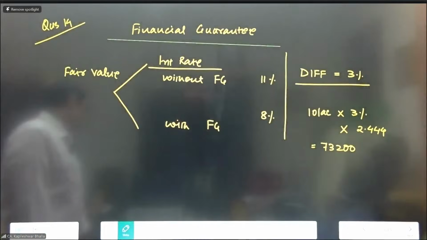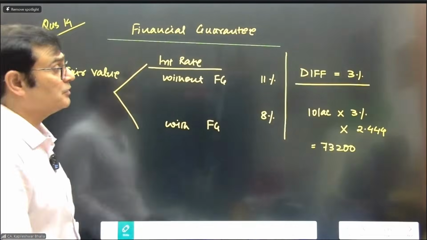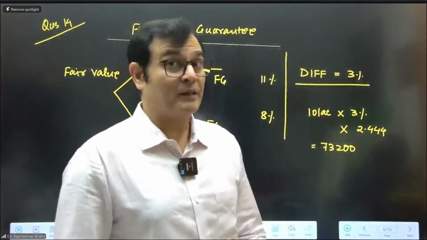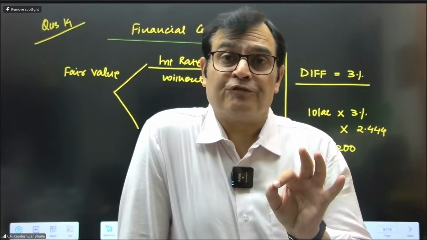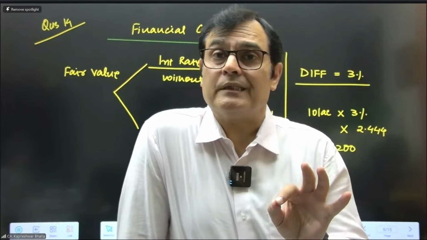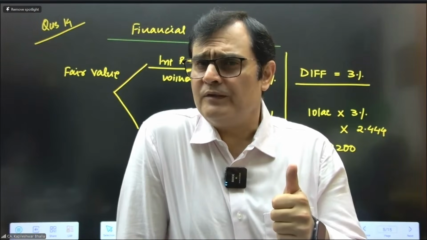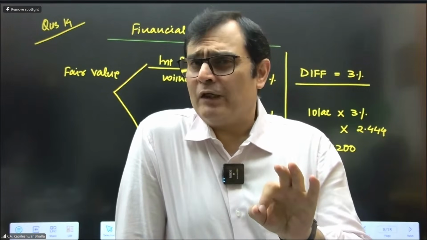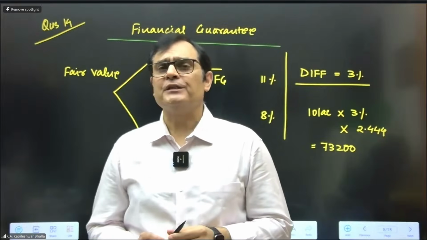Right. So once this is done, we are ready to do the accounting of this financial guarantee for the next 3 years to come. So let me now ask you, what is the value at which the financial guarantee is taken in the books of accounts at each year end? Can I say get the amortized value of this financial liability and also get the amount of provision required for the ECL?